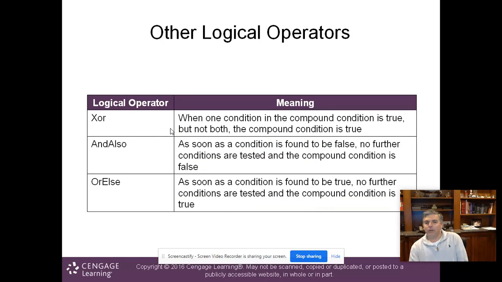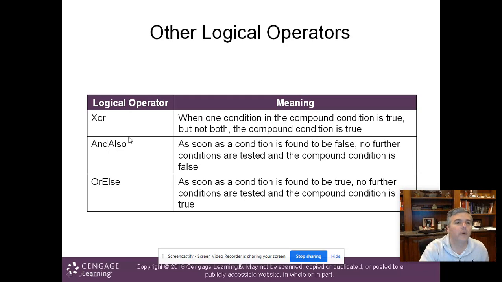We have some other logical operators that you probably won't ever use. XOR is when one condition in the compound condition is true, but not both, for the compound condition to be true. We have AndAlso. As soon as a condition is found to be false, no further conditions are tested and the compound condition is false. And OrElse is as soon as a condition is found to be true, no further conditions are tested and the compound condition is true.